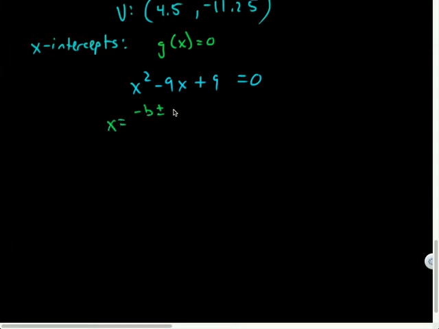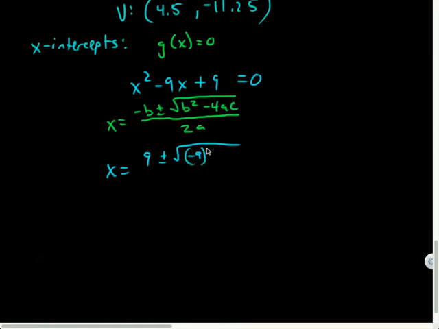So x equals the opposite of b plus or minus the square root of b squared minus 4ac all over 2a. So let's quickly plug this in and evaluate. So x equals negative of negative 9. So I'm just going to write positive 9 plus or minus the square root of negative 9 squared minus 4 times 1 times 9, all over 2 times 1.